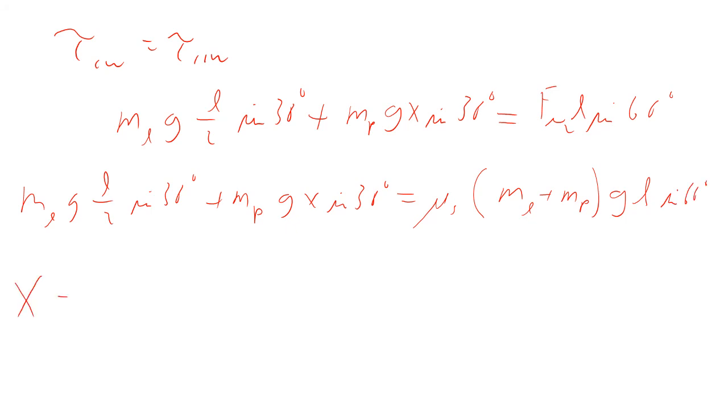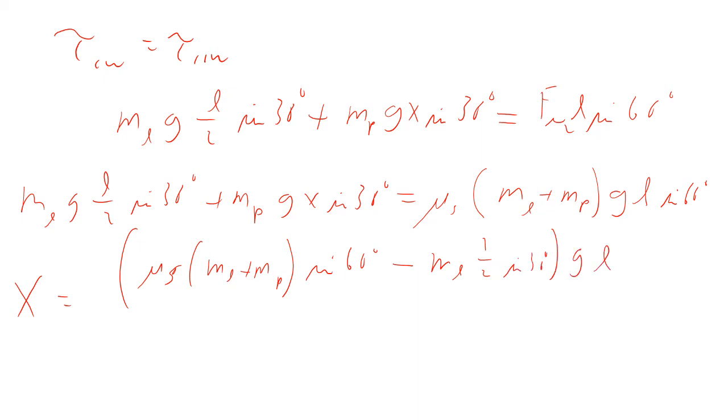So X, if we do some algebra here, is now going to be mu sub s times (ml plus mp) sine 60 degrees, minus ml times 1/2 times sine 30 degrees, times L, divided by mp sine 30 degrees.